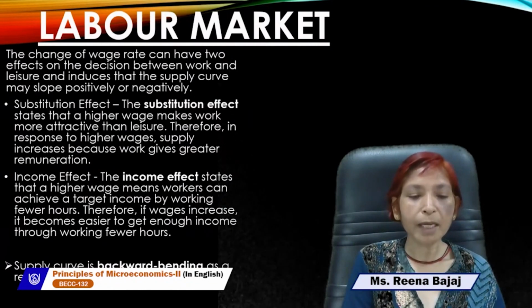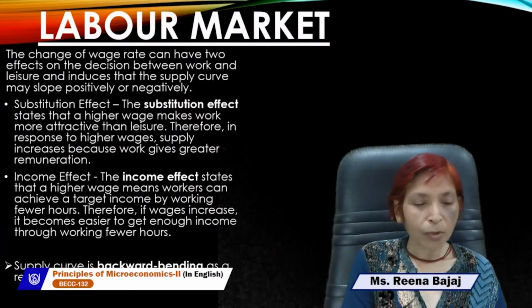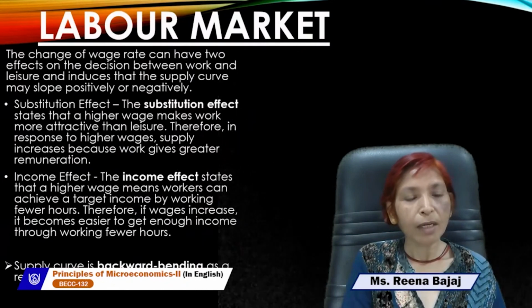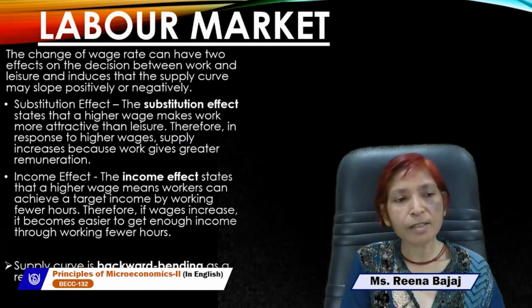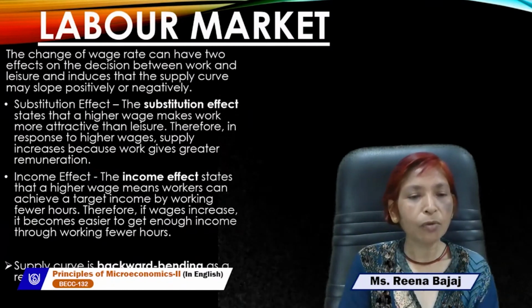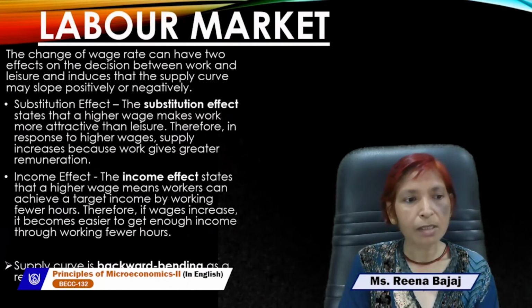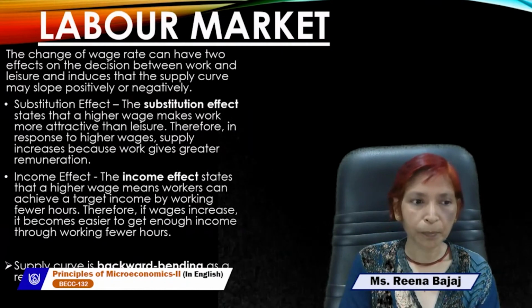Why is the labor supply curve backward bending? To explain this concept, two factors are responsible: the substitution effect and the income effect. The substitution effect states that at a higher wage rate, labor will do more work and substitute it for leisure. In response to a higher wage, supply increases because work gives greater remuneration.